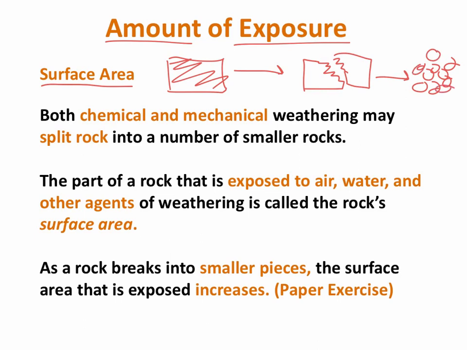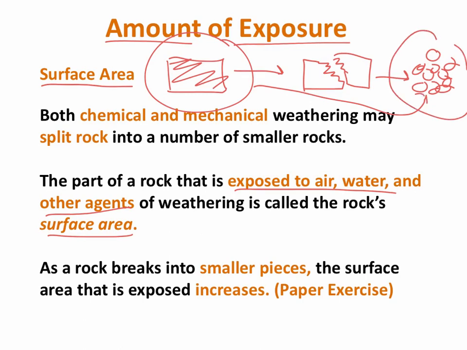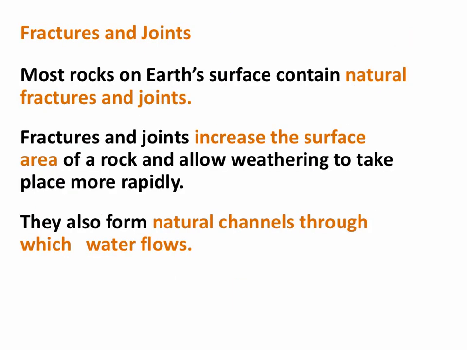The part of the rock that's exposed to air, water, and other agents is called the surface area. As the rock breaks up into smaller pieces, the surface area increases. So the amount of surface area here is less than the amount of surface area here. As we break it up into smaller pieces, more of that rock is exposed to the air and the sun and whatnot, all right?